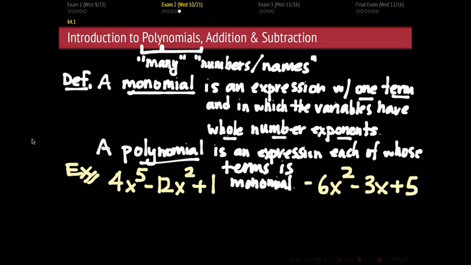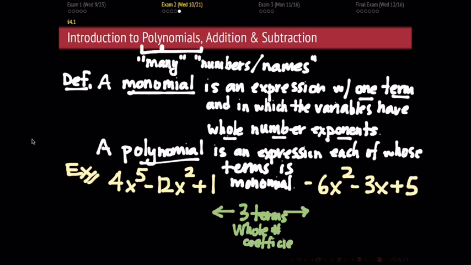How are these two examples similar? What's the same about these two polynomials? They both have three terms. That's definitely important. Anything else that's similar? They both have whole number coefficients. In fact, all the coefficients are whole numbers in both of these examples.